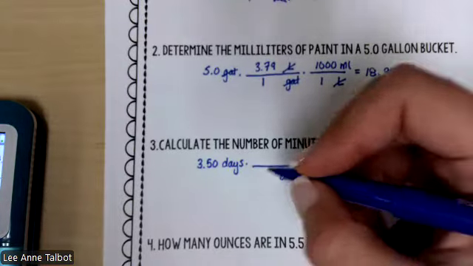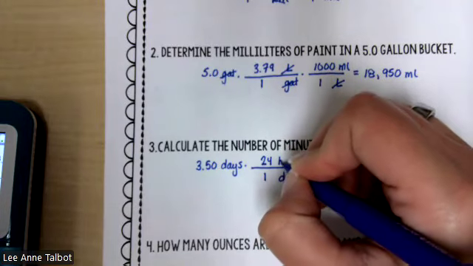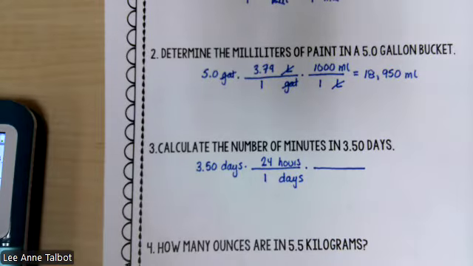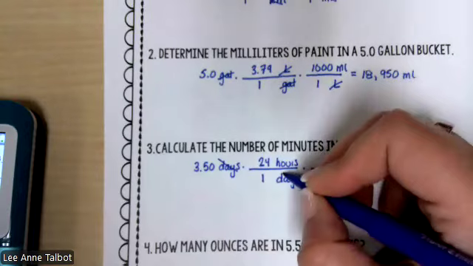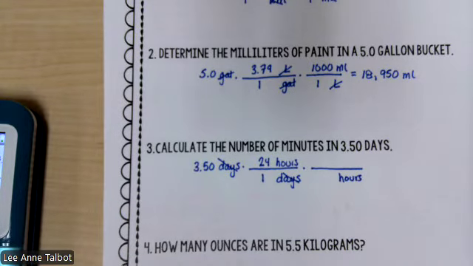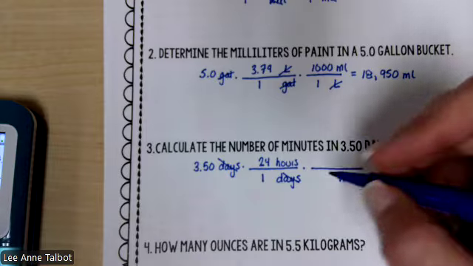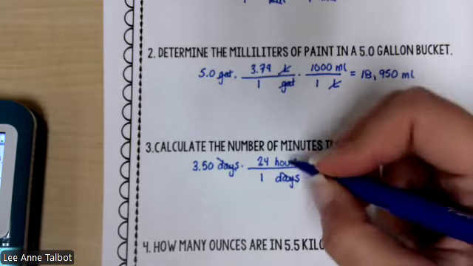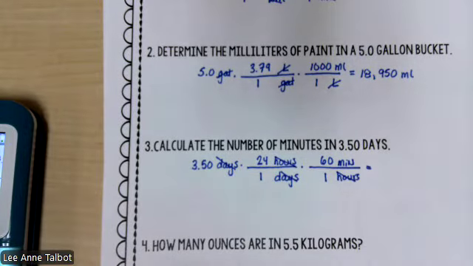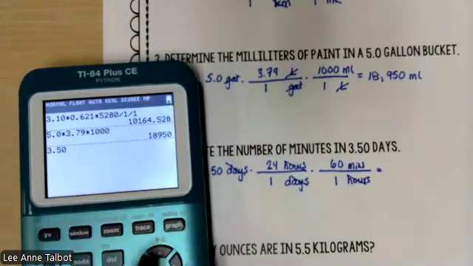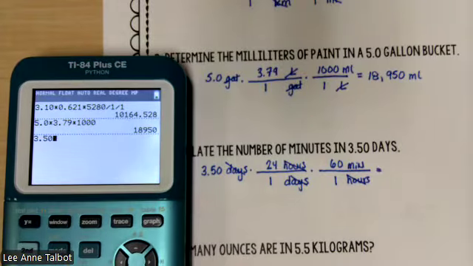So I want to do 1 day is 24 hours. I need hours to be on the bottom so I can cancel it out. 1 hour is 60 minutes. Multiply the things on the top.